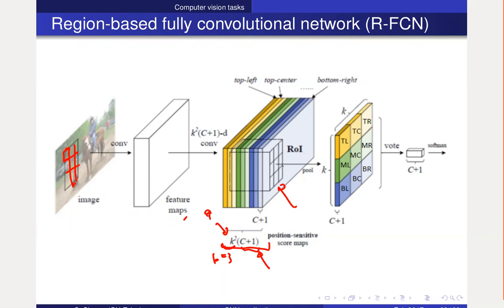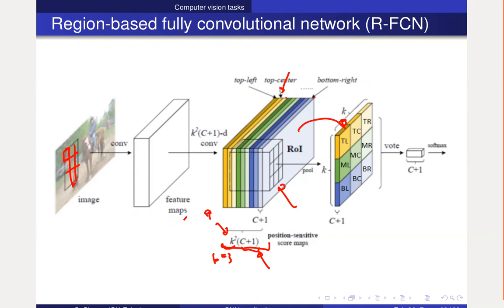Then we will just rearrange that back to this shape here. Okay, I'm sorry, I guess I'm probably confusing you guys. So when I pool it separately, each of them will go for a different layer: a top left layer, the top center layer, and this bottom right layer.